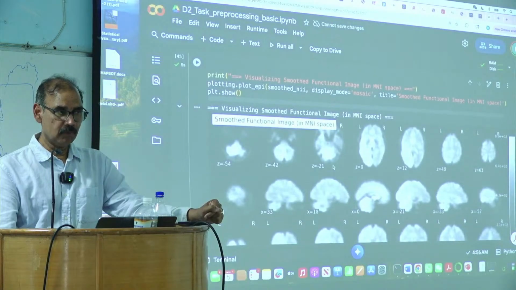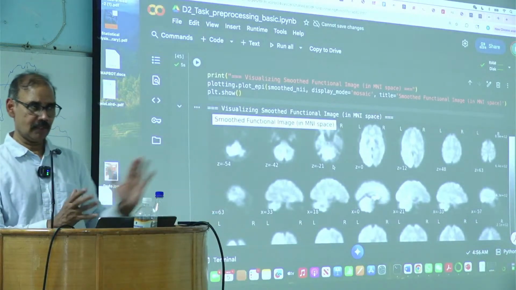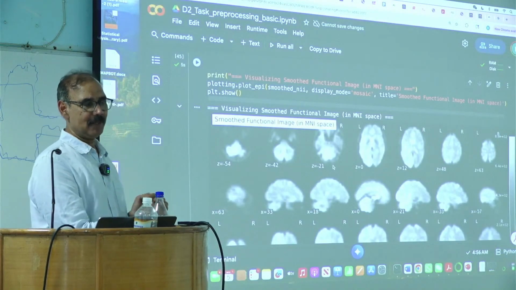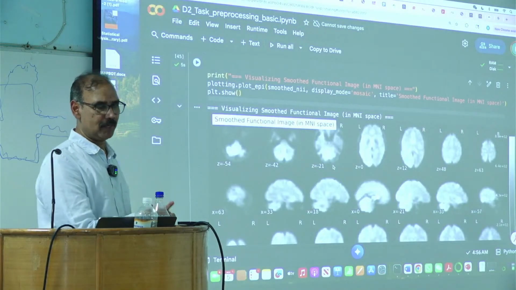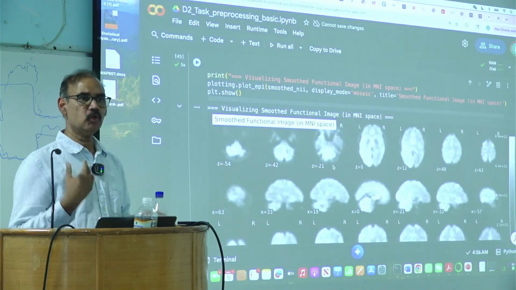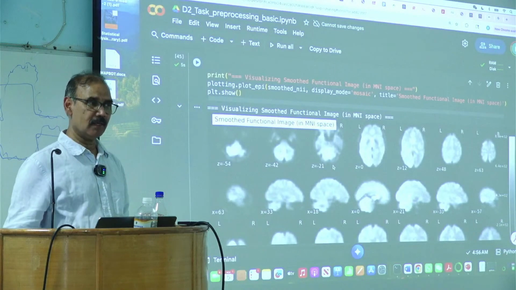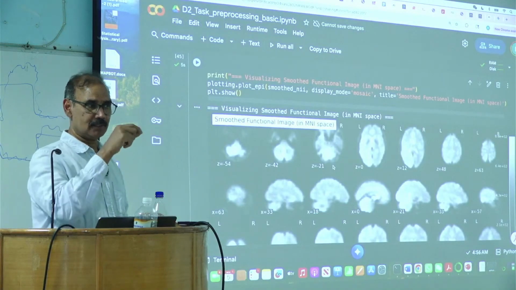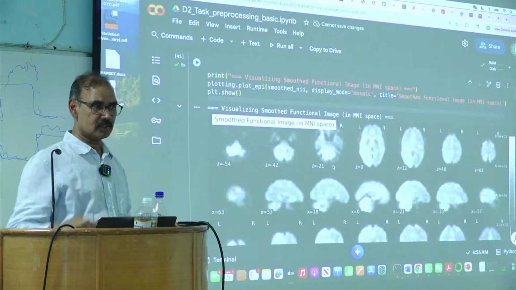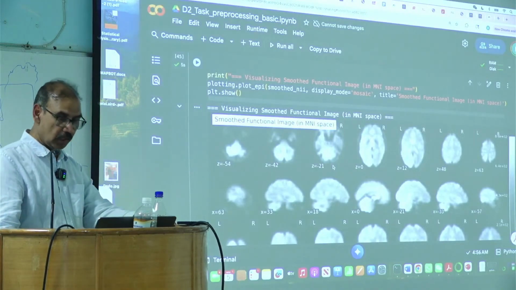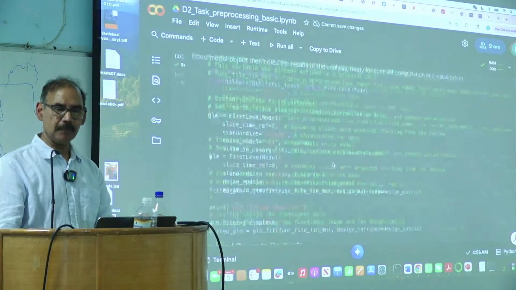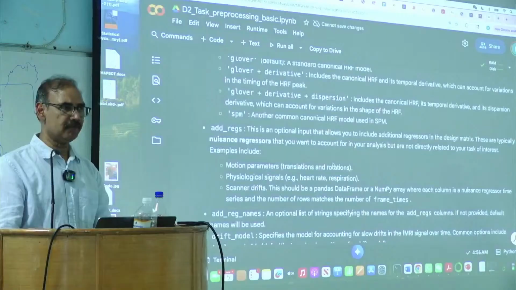But if you collect data at 2 millimeter and use a smoothing of 2 millimeter, what does it mean? It's not doing anything because you are smoothing just that voxel. Everyone is clear with this?